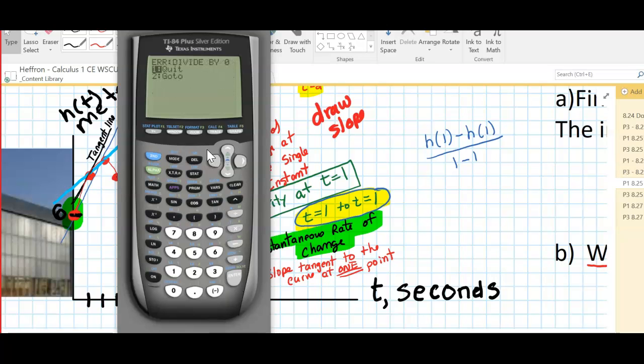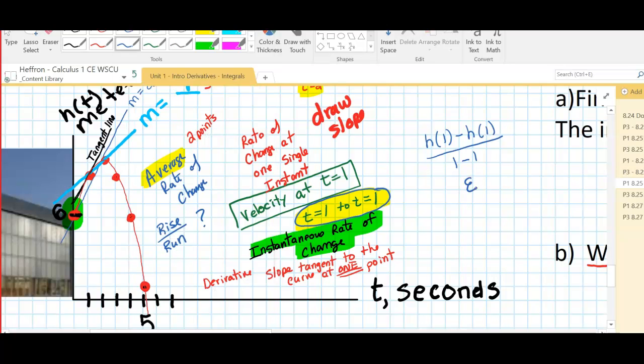What did I get? Well, what I got is an error. Because what this turns out to really be, these are the exact same thing, aren't they? So we have some number, the same number minus itself, all over 1 minus 1, and we end up with 0 over 0. And we can't do that. It's impossible.